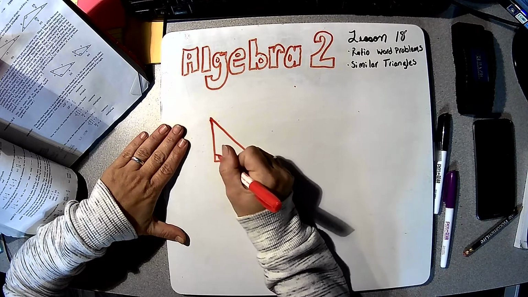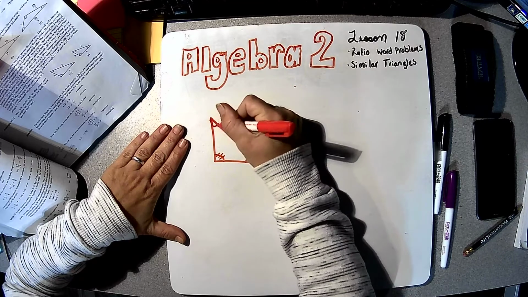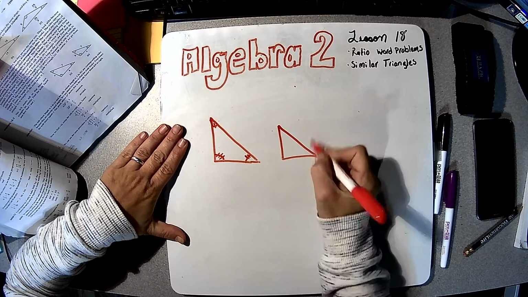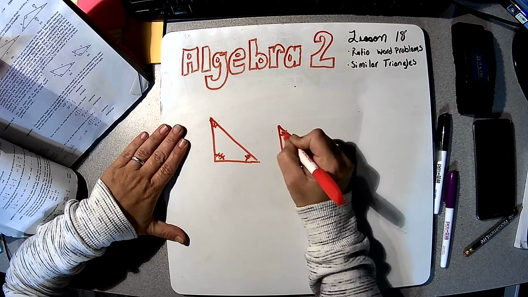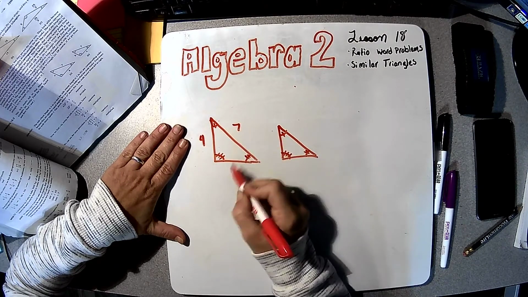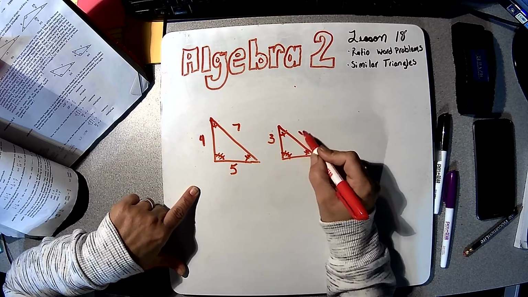All right, so they're going to give us two triangles that are similar, and then a smaller one. And they're going to give us some dimensions on this one and this one, and we're going to have a y and an x.